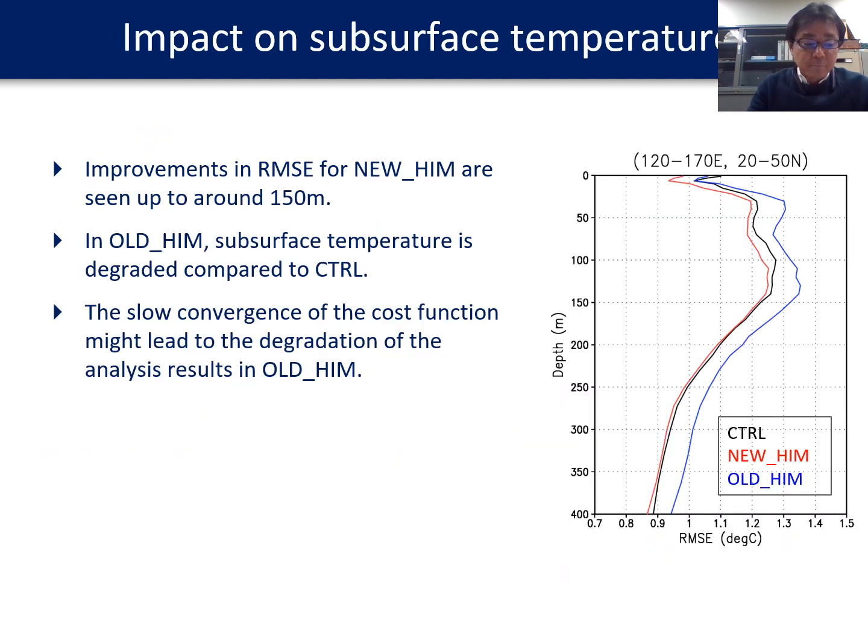So finally, we look at impacts on subsurface temperature. This figure shows vertical profiles of temperature RMSE calculated over the western North Pacific region. Black is control, red and blue show new HIM and old HIM.